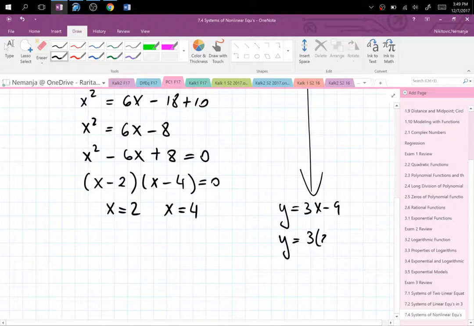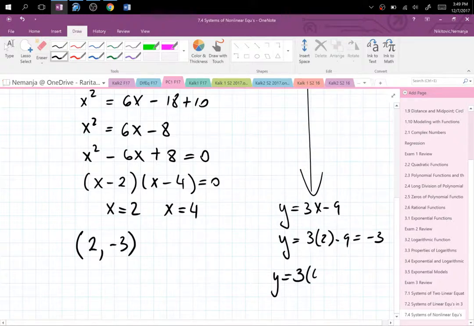That's 3 times 2 minus 9, which is negative 3, which gives us the first point of 2, negative 3. And when you plug in 4, that's 3 times 4 minus 9, which is 12 minus 9, positive 3. So we have x is 4 and y is 3.